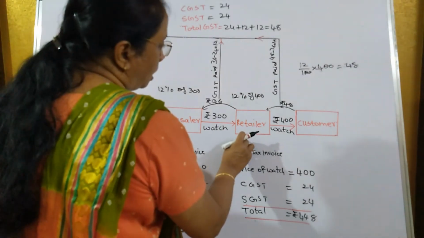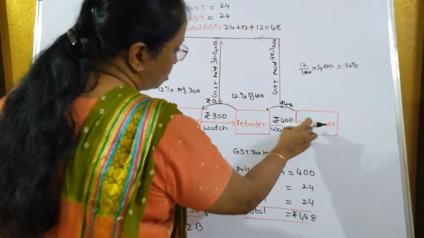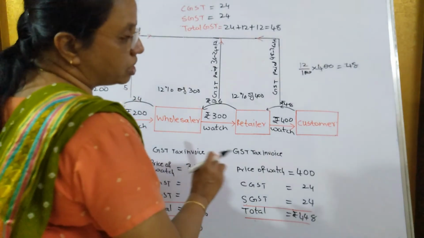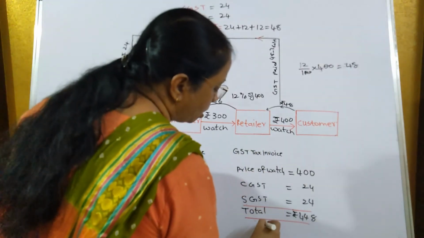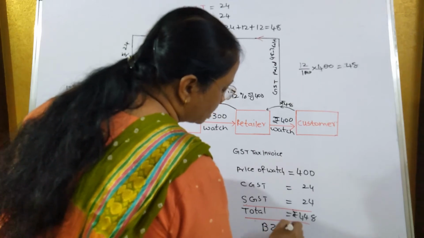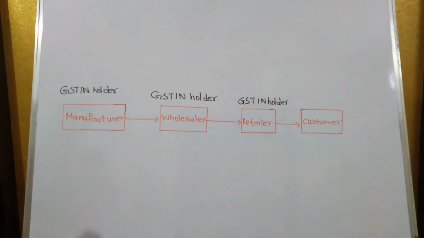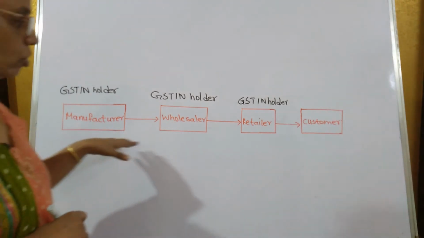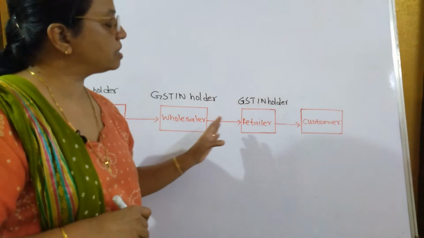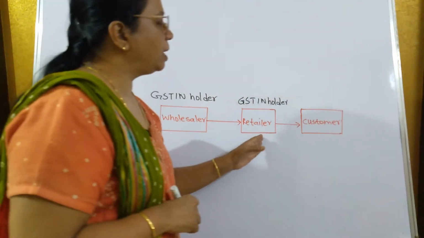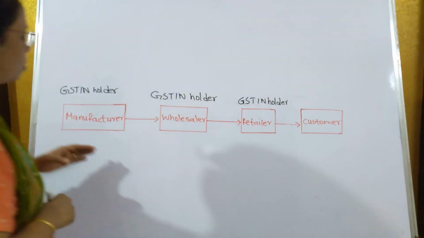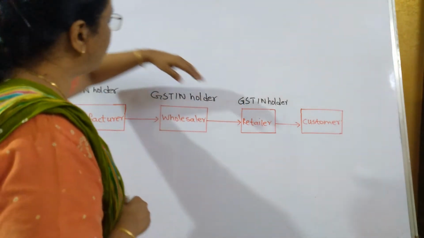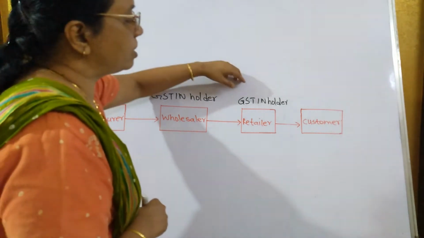But when the retailer sells a watch to the customer, the customer is not a GSTIN holder. So it will be known as business to customer. Now supposing a manufacturer produces some product, he sells that product to the wholesaler. The wholesaler sells the same product to the retailer, and the retailer sells the same product to the customer. Over here, the manufacturer, the wholesaler, the retailer are all three GSTIN holders.